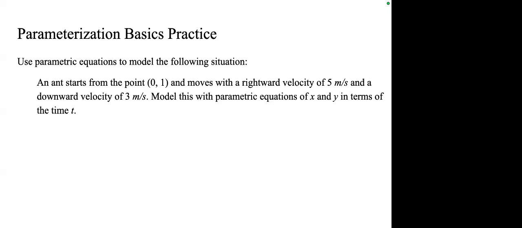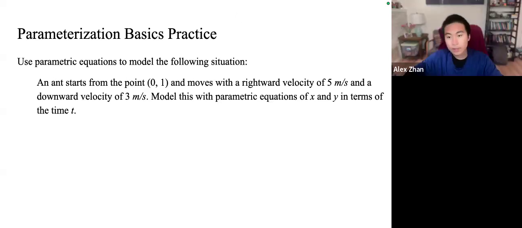It would be something like x is equal to 5t and then y is equal to negative 3t plus 1. Yes, that sounds correct.